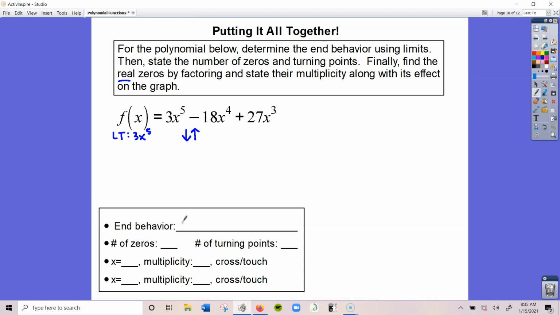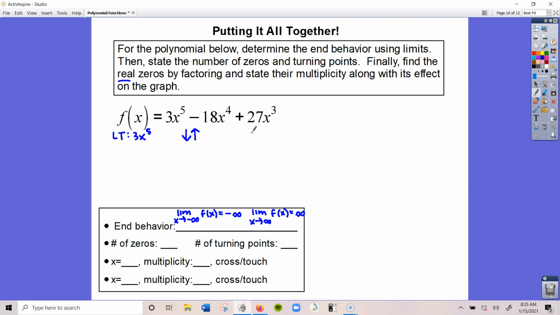So to write the end behavior, we would say the limit as x is approaching negative infinity of f of x is equal, so this, remember, represents the left side. It's going down, so negative infinity. Then the limit as x is approaching positive infinity of f of x, so that's the right side, my right arrow, since it's going up, we would say positive infinity.